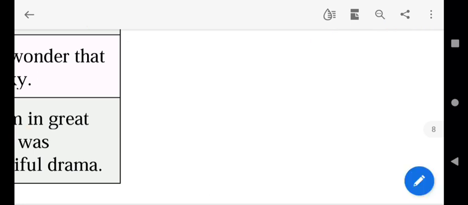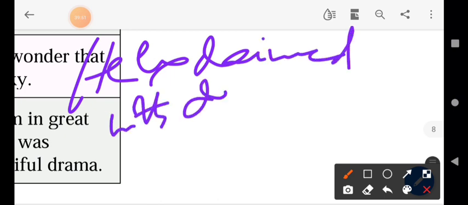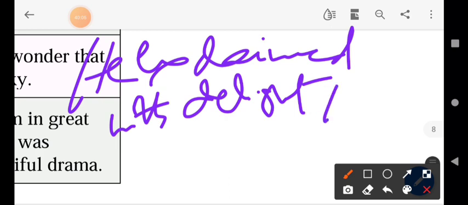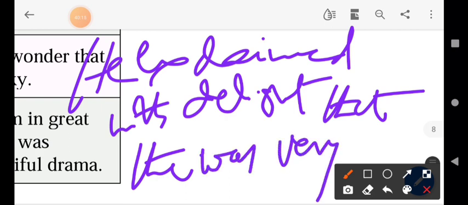He exclaimed with delight, or he exclaimed happily, with joy, that the girl was very beautiful. That is the answer. We keep the full stop. The basic rule is to end with a full stop. The exclamatory sentence is changed into an assertive sentence.